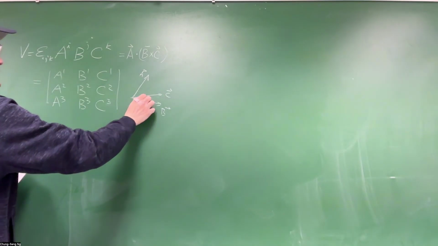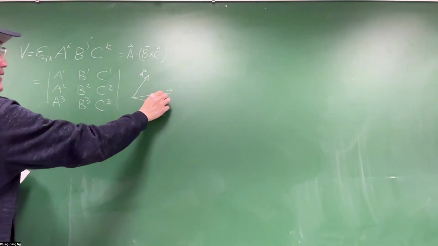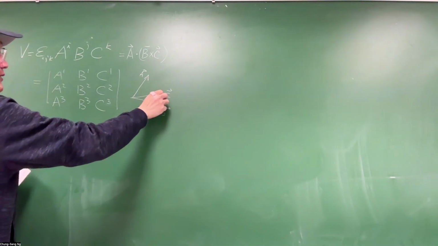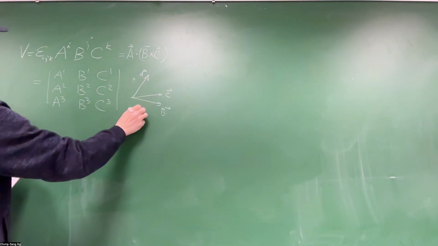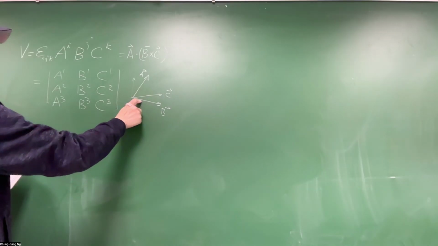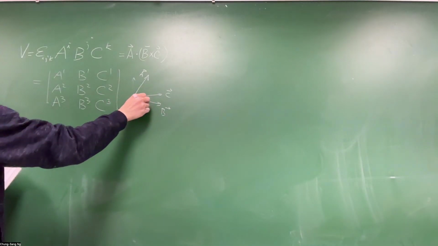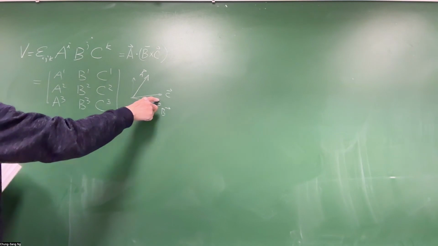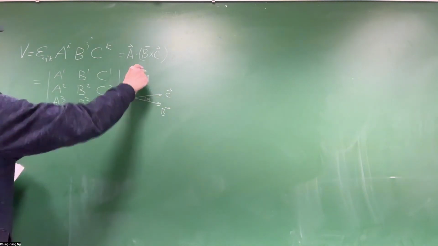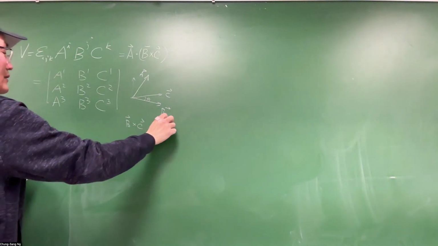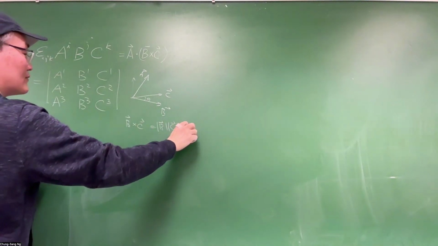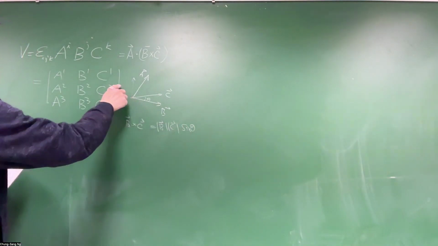When you multiply B and C together, it has a direction perpendicular to B and C, and its magnitude depends on theta: B C sine theta.